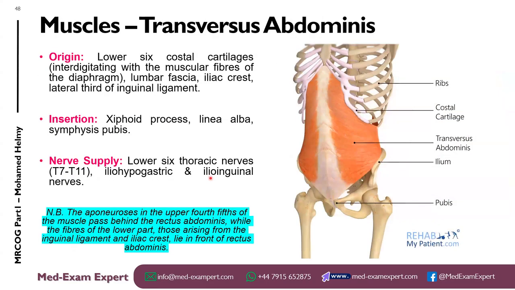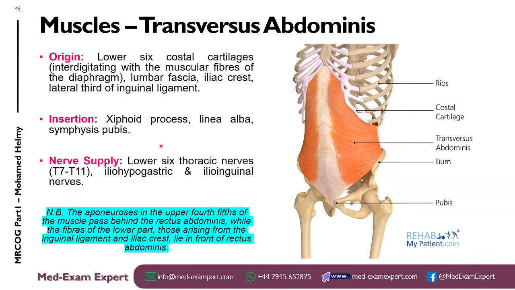The last important muscle from the lateral part we have is the transversus abdominis muscle, which originates from the lower 6 costal cartilages, interdigitating with the diaphragm, and also comes from the lumbar fascia, the iliac crest, and the lateral 2/3 of the inguinal ligament here, and then inserts into the xiphoid process, linea alba, and the symphysis pubis.